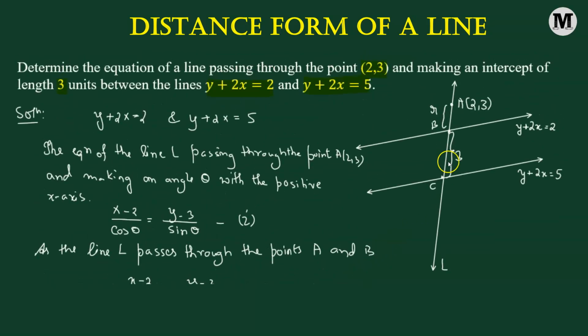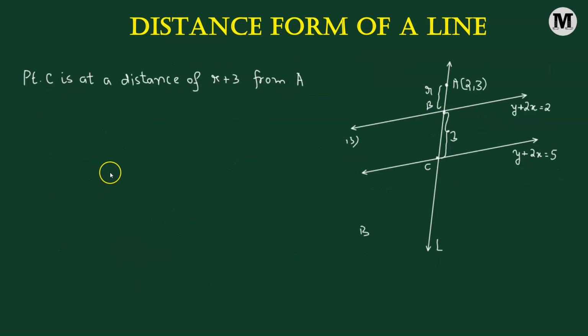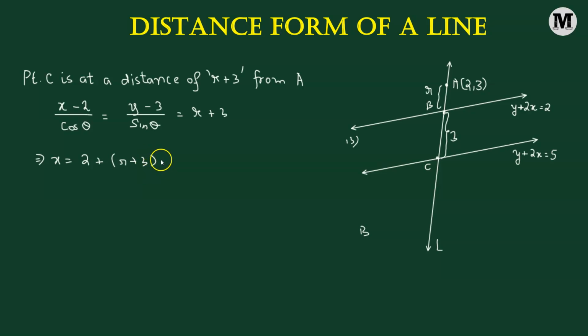Okay, now similarly we can find the coordinates of point C. Point C will be at a distance of r + 3 from the point A. So here we get (x − 2) divided by cosine of the angle theta equals (y − 3) divided by sine of the angle theta, and that is equal to r + 3, which means that x is given by 2 + (r + 3) times cosine of angle theta, and y is equal to 3 + (r + 3) times sine of angle theta.